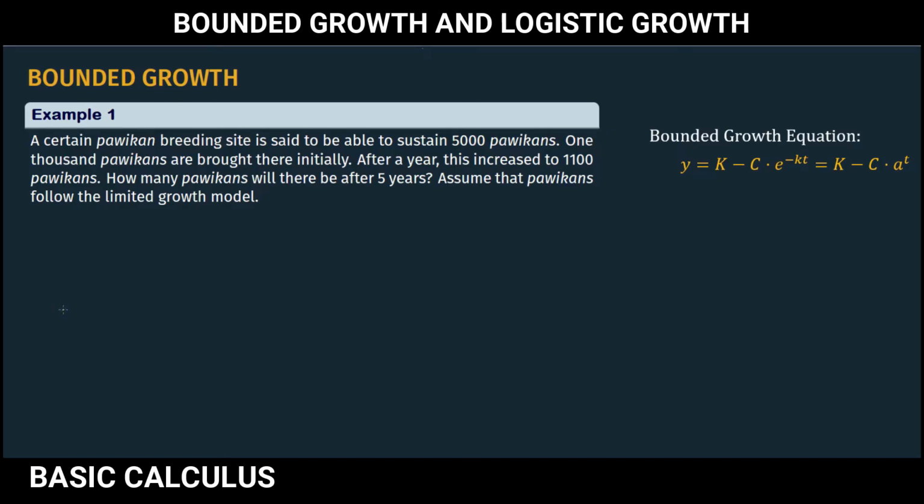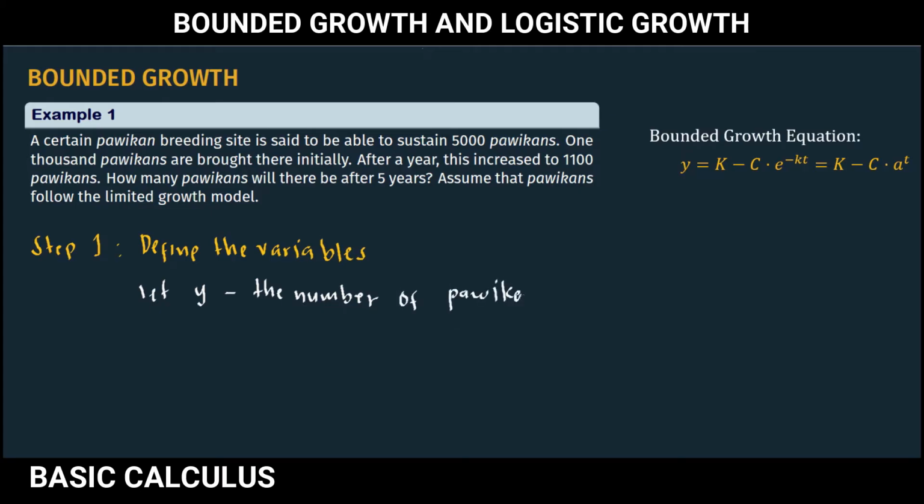To solve this problem, our first step is to define the variables. We need to define the variables y and t. Let y be the number of pewees at any given time.